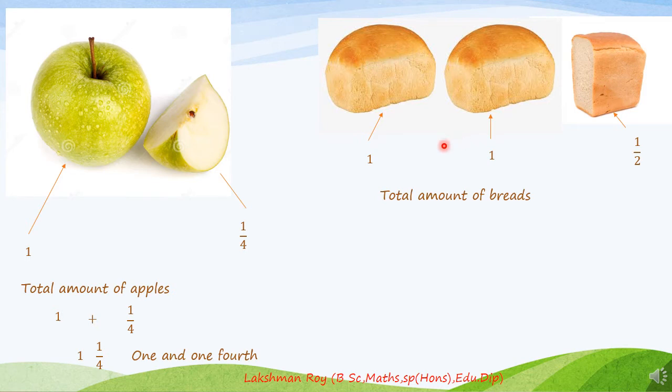Same way I want to write the total amount of breads here. 1 and 1 is 2, and you have to add this half, so that means 2 and a half. So the total amount of bread is 2 and a half. That is how to read it, so be careful. That is a mixed number, understand?